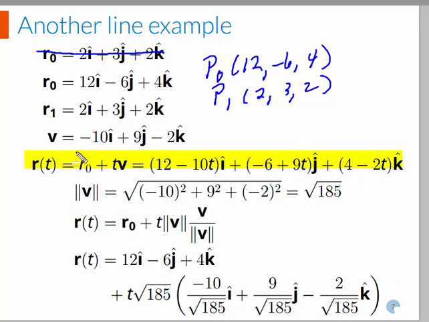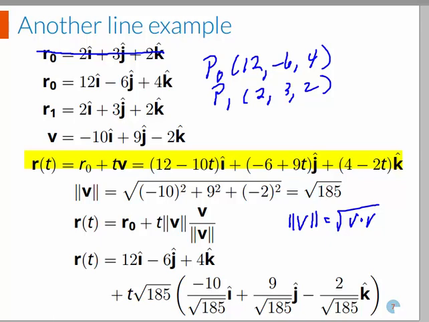If we want to construct that unit vector idea, we have to take the magnitude of V. Remember what the magnitude of V is. Okay, it's going to be the square root of V dot V. And so we have minus 10 squared plus 9 squared minus 2 squared, which gives us the square root of 185.